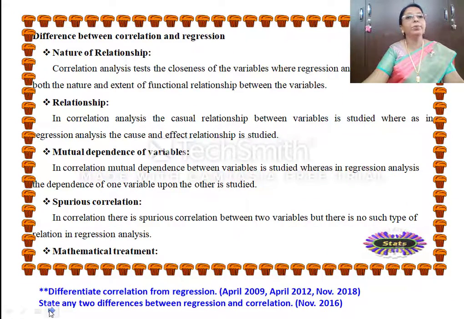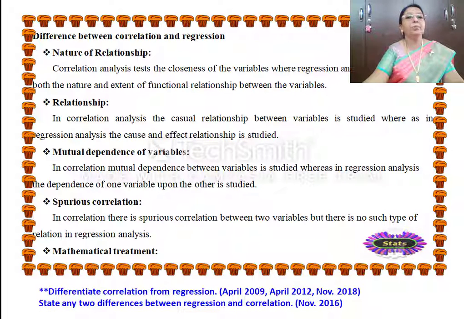Now the difference between correlation and regression based on the nature of relationship. Correlation analysis tests the closeness of the variables, whereas regression analysis measures both the nature and extent of the relationship between the variables. Based on relationship, in correlation, the causal relationship between variables is studied, whereas in regression, the cause-effect relationship is studied.